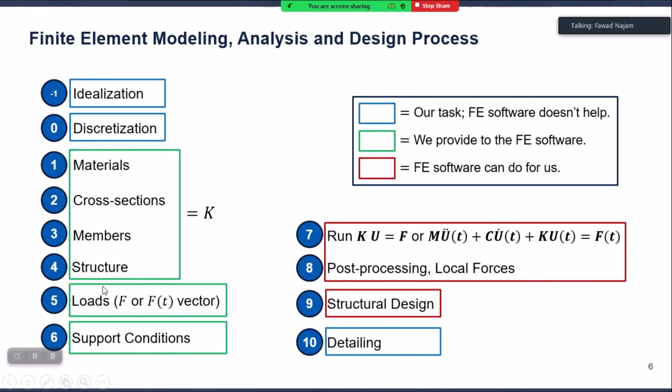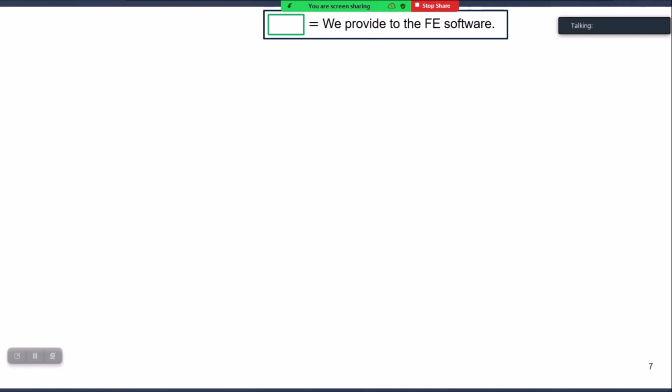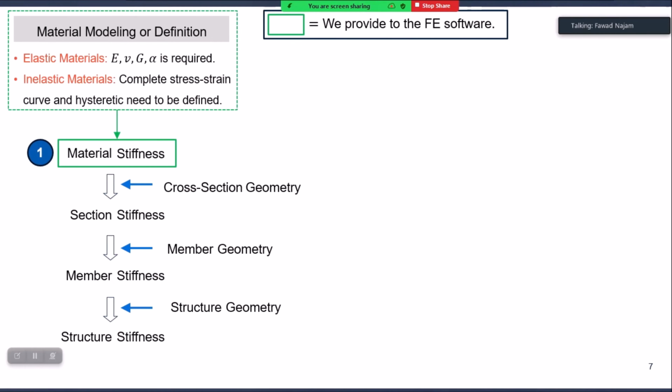So let's quickly have a breakdown of those 4 steps, because for today's demonstration, we will be mostly focusing on steps 1 to 6, the inputs which we have to provide to SAP 2000, and also we will be focusing on linear modeling and linear analysis. So let's have a quick breakdown of the first step, which is the material stiffness. Obviously, we'll be focusing on linear modeling, so we'll be defining elastic materials.